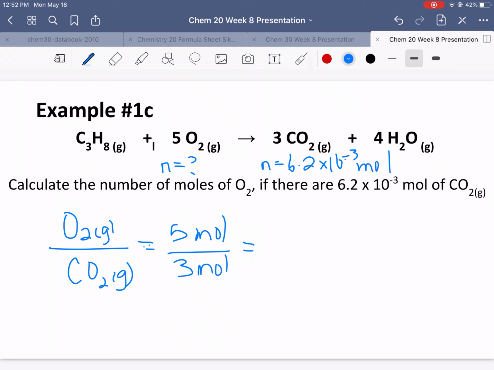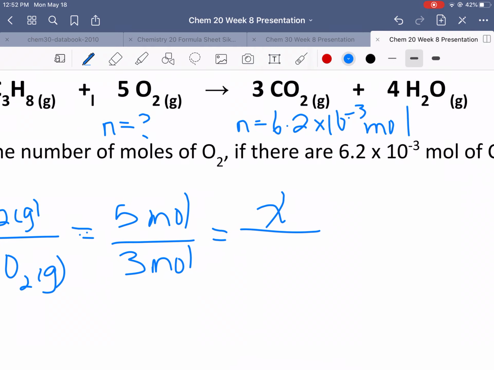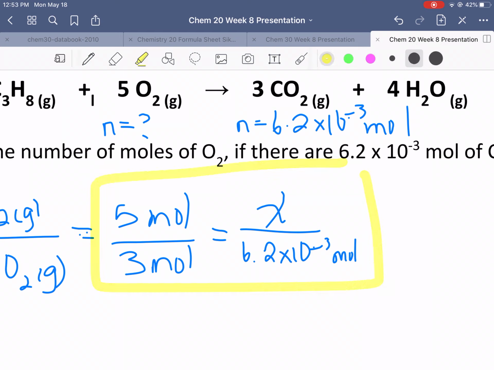Okay, what is your unknown this time? It's the oxygen, so X goes on the top. What is your given? The carbon dioxide, 6.2 times 10 to the negative 3 moles. Here's our mole ratio. Take it, cross multiply and divide. Let's consider what happens.